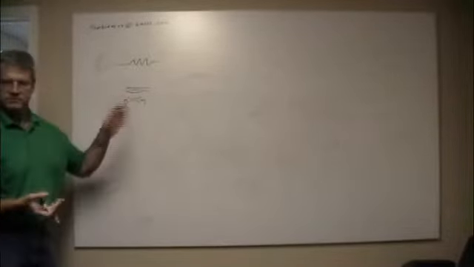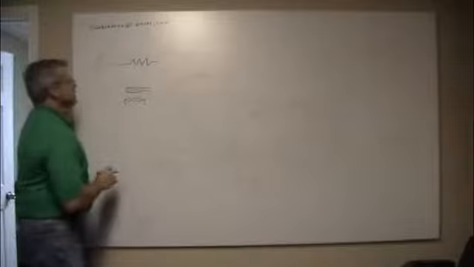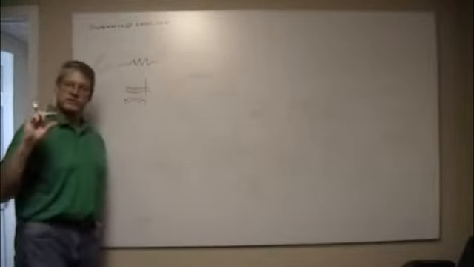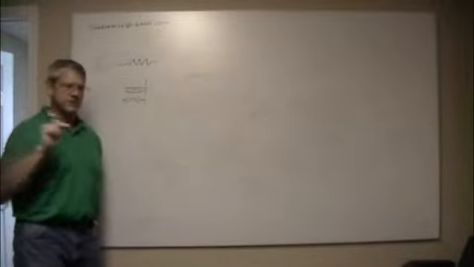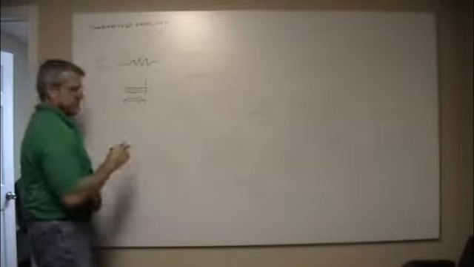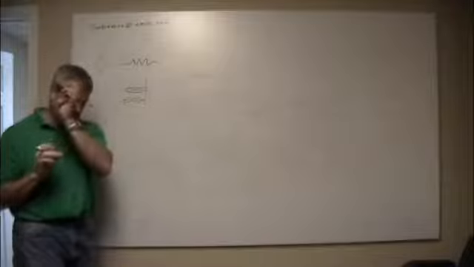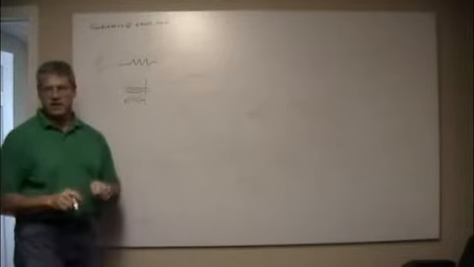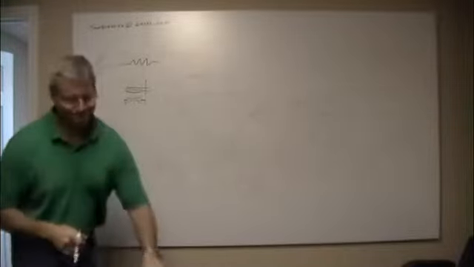There's good and bad about both. The bad about putting them up like this is they stick up high above the circuit board. They're also little antennas that pick up noise, but they don't take up any space. Whereas these guys, they take up more space, but they're more solidly mounted. They don't pick up as much noise.